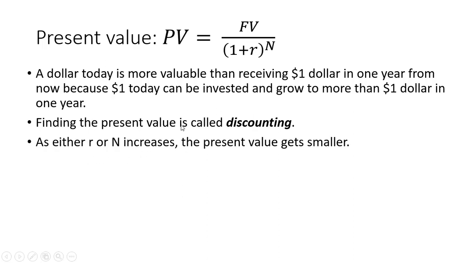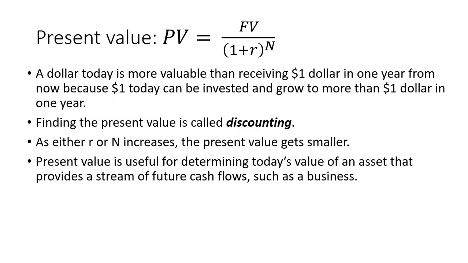And looking at this formula, as either R or N increases, the denominator gets bigger, meaning the whole thing, or present value, gets smaller. So if we use a higher interest rate, or we're calculating the present value from a cash flow received way out in the future, the present value will be much smaller.